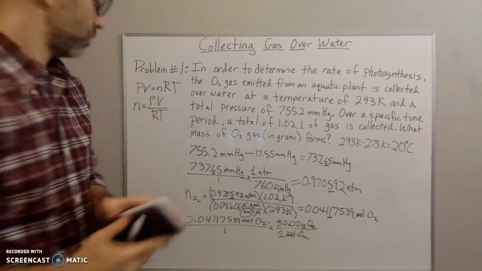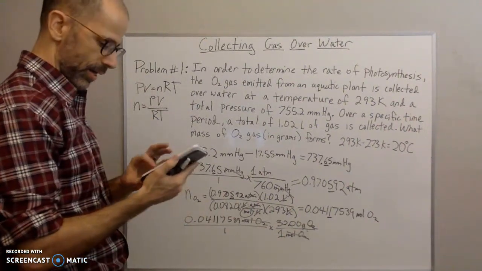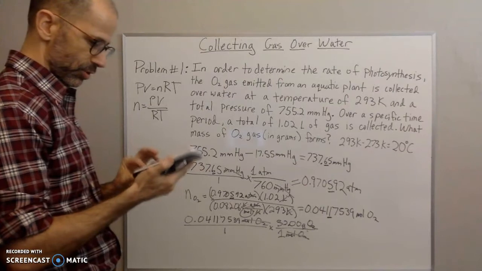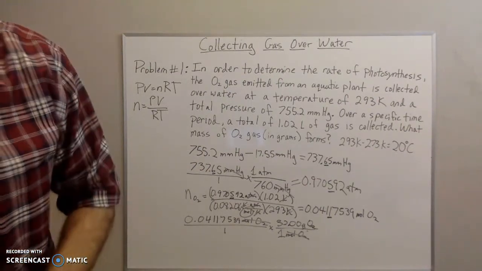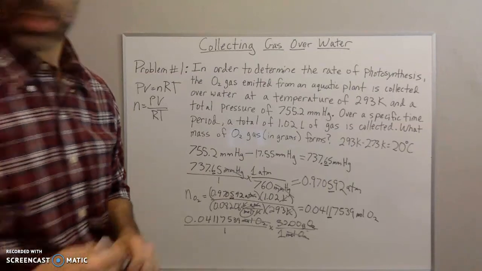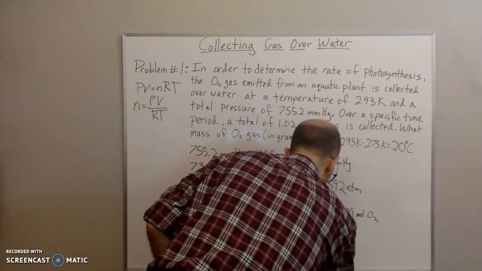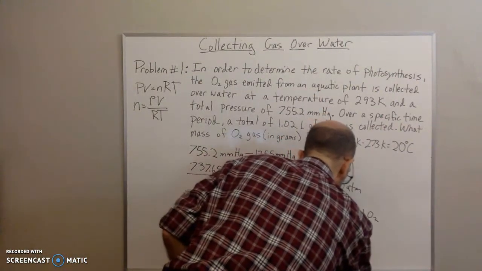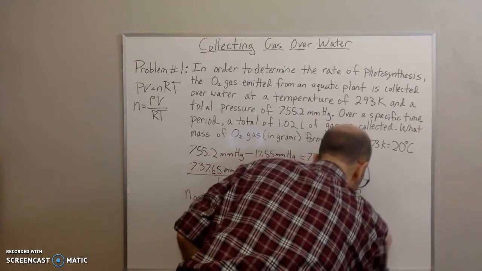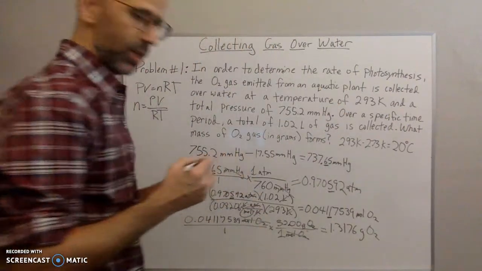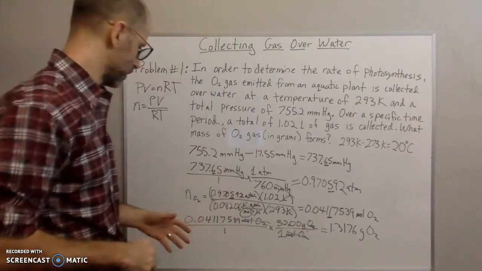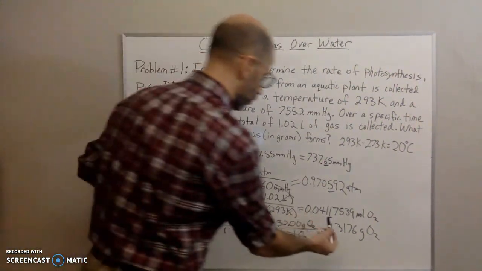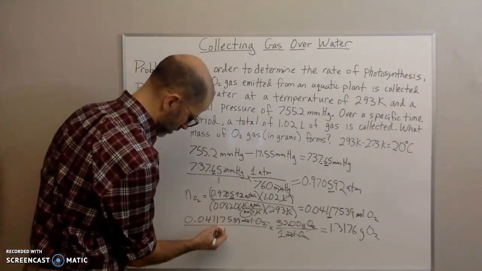And so now I do my calculation. I'm going to multiply the moles by 32.00 equals, and I get 1.3176 grams of oxygen. But now I have to check my sig figs again. So again, I'm only allowed up to the 1 here.